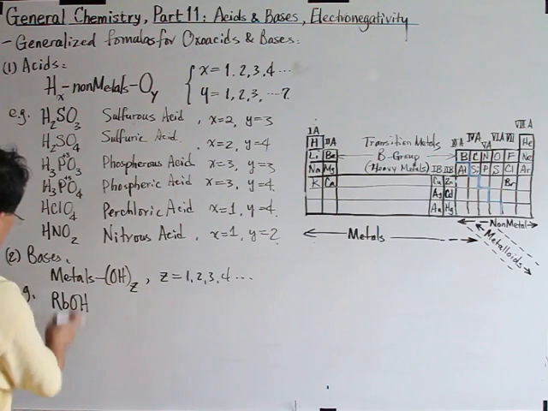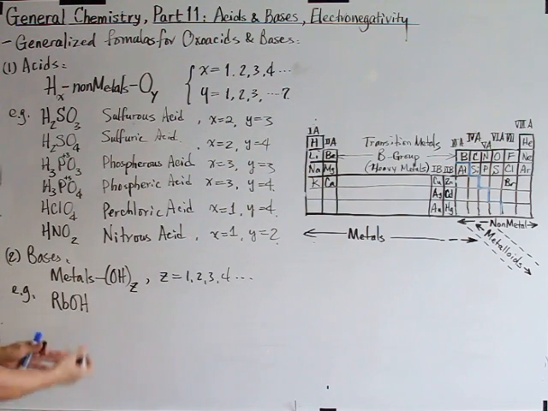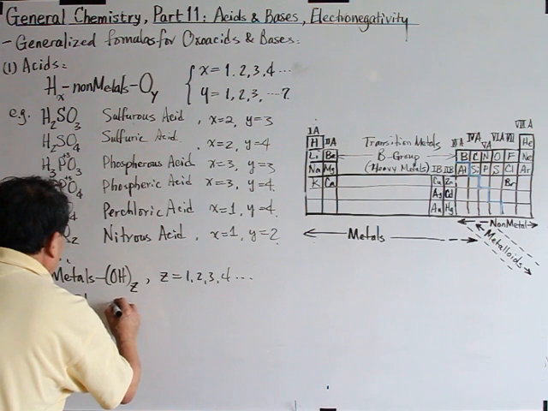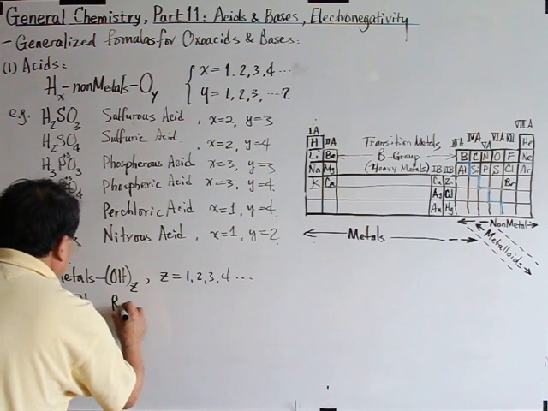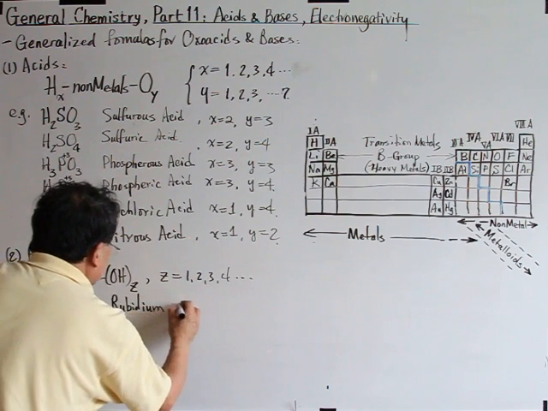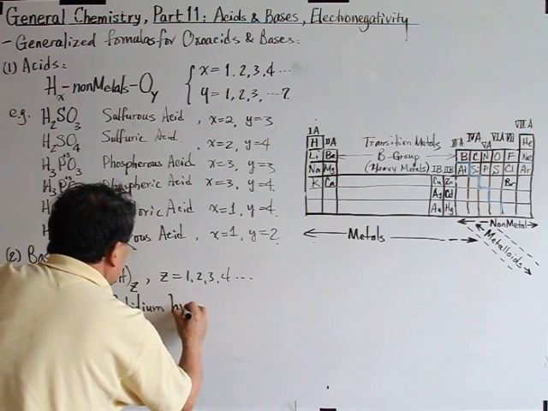Now this is the OH that you don't need parentheses for, because there's only one OH attached to rubidium. So this one is rubidium hydroxide.